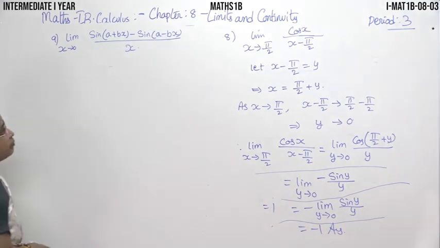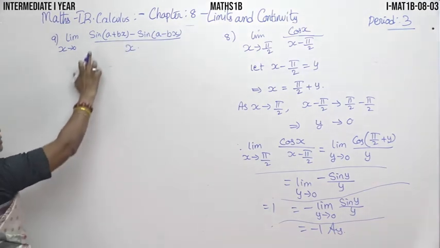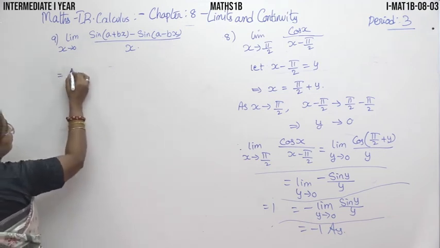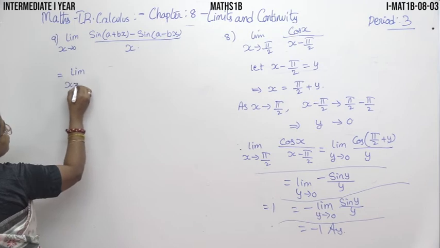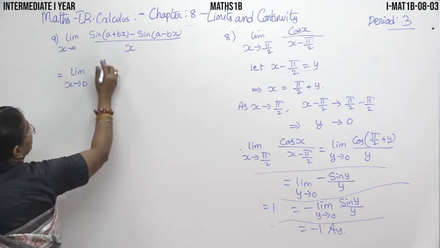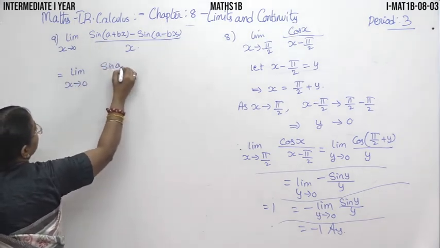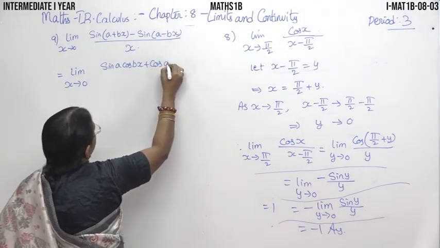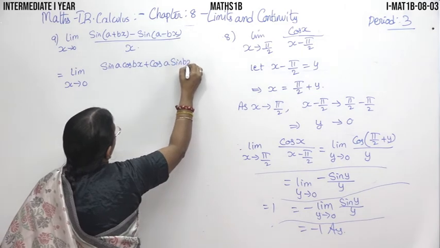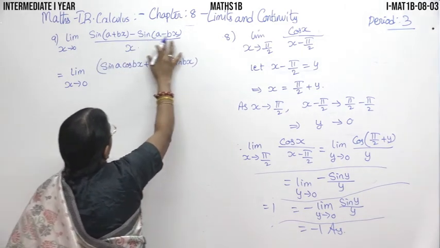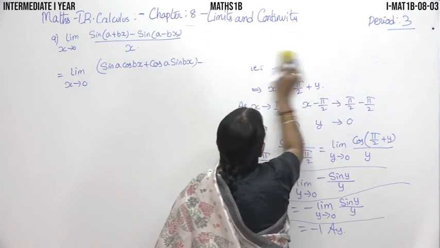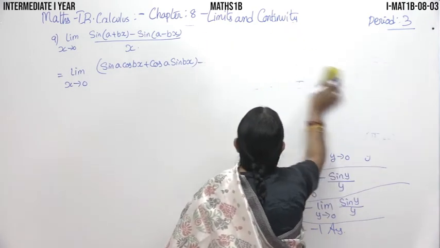This is the problem. So you know sin a plus b, you will learn this formula in trigonometry. So limit x tending to 0 of, when you write the formula, sin a cos b plus cos a sin b. And then this formula, sin a minus b is sin a cos b minus cos a sin b.